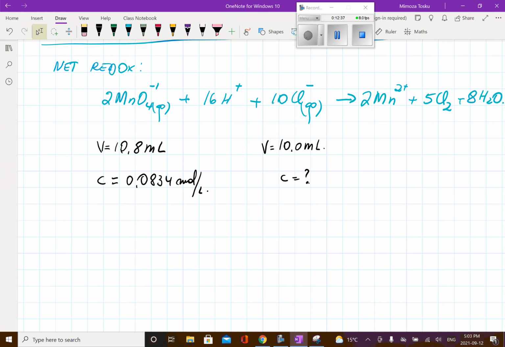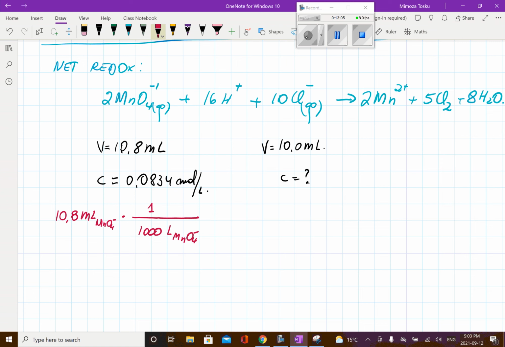So let's deal with the permanganate because we have everything given here. So it will be 10.8 milliliters of permanganate, MnO4 minus. Let's convert it into liters, so 1 liter for every 1,000 milliliters of permanganate.